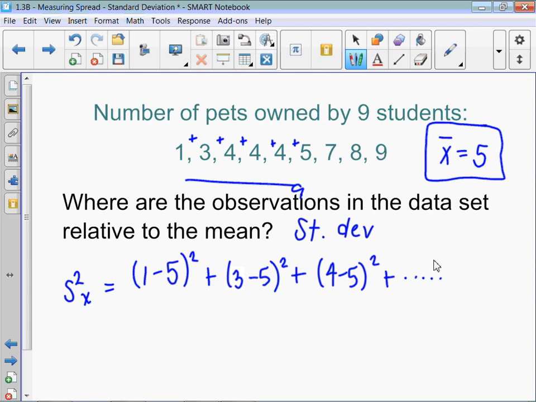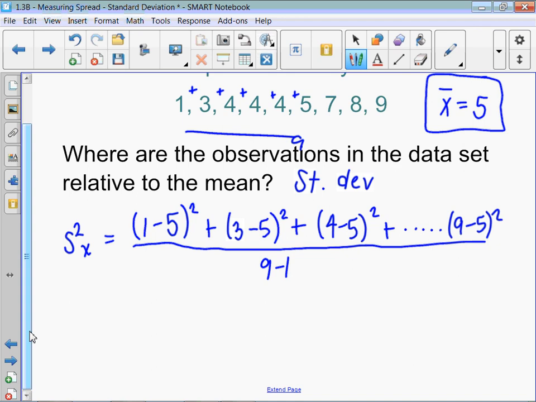And then 9 is the last one, minus the mean squared, all divided by n minus 1. What's n? 9 minus 1, so all divided by 8. We end up getting 52 divided by 8, which is 6.5.